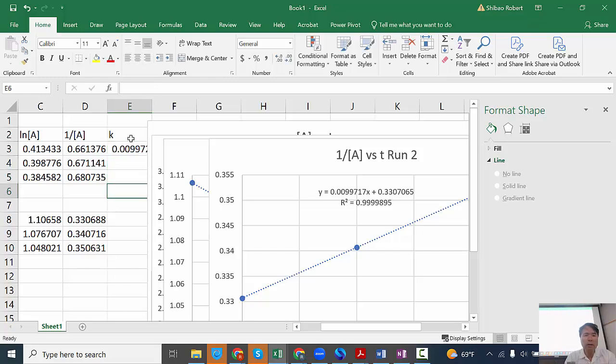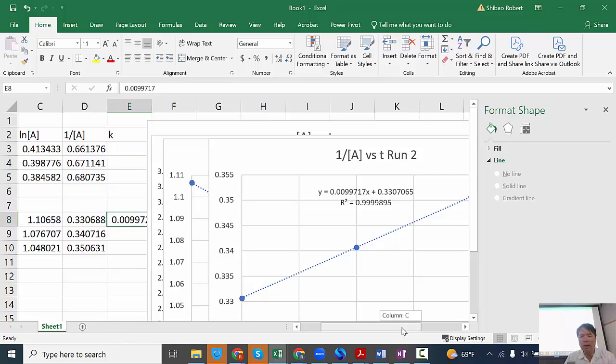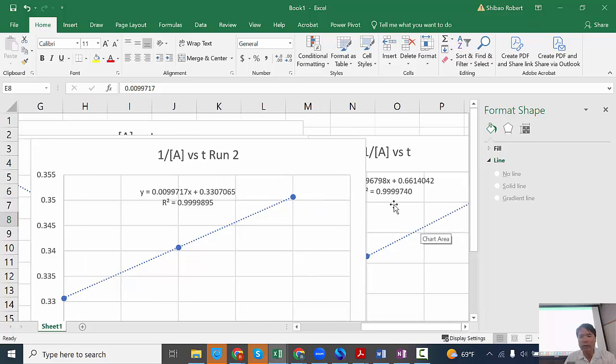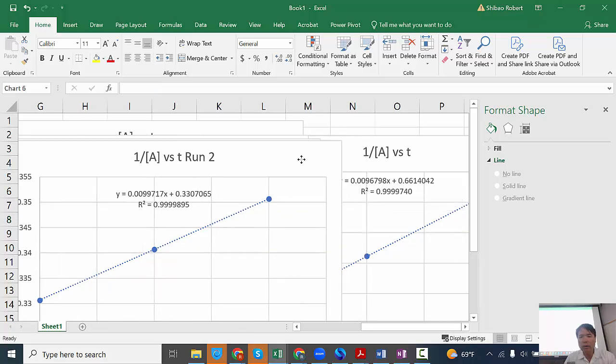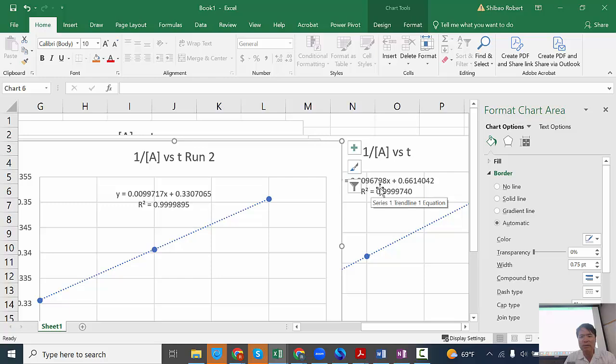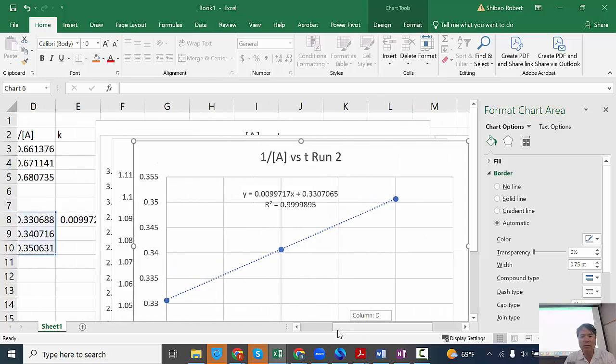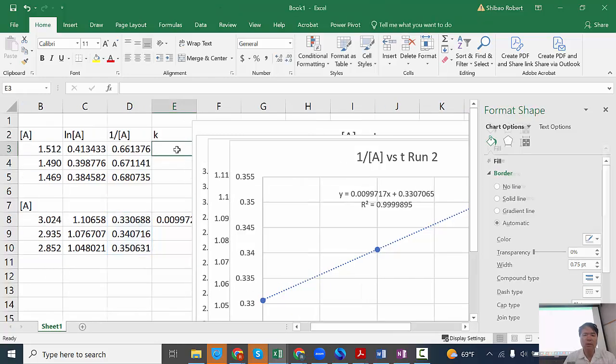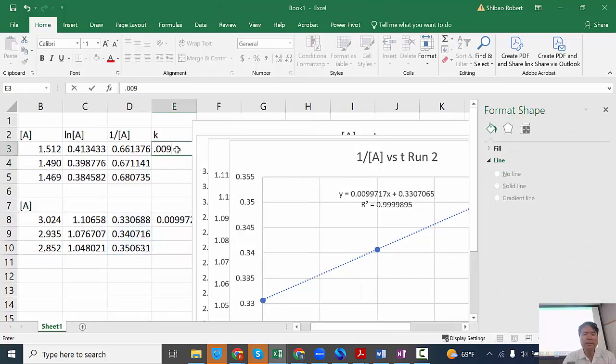And then from run 1, our K value was 0.0096978. Both K values should be the same.